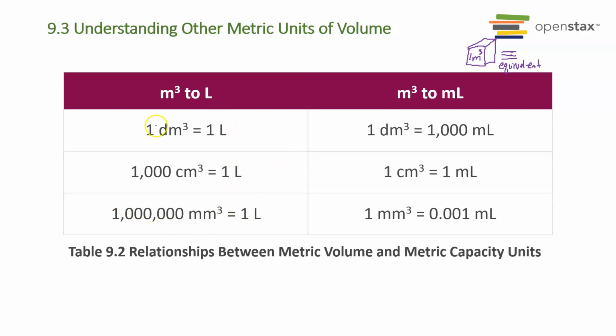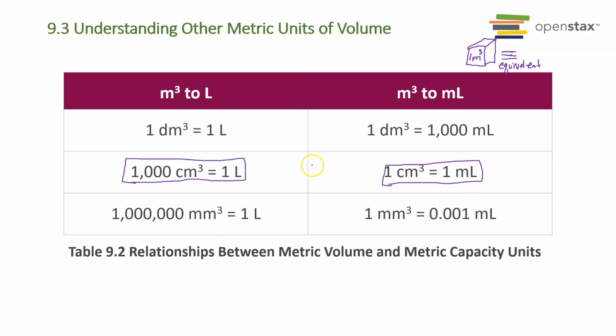In the metric system, we have this nice relationship between cubic centimeters and liters. One example is 1,000 cubic centimeters is a liter, or 1 cubic centimeter is a milliliter.